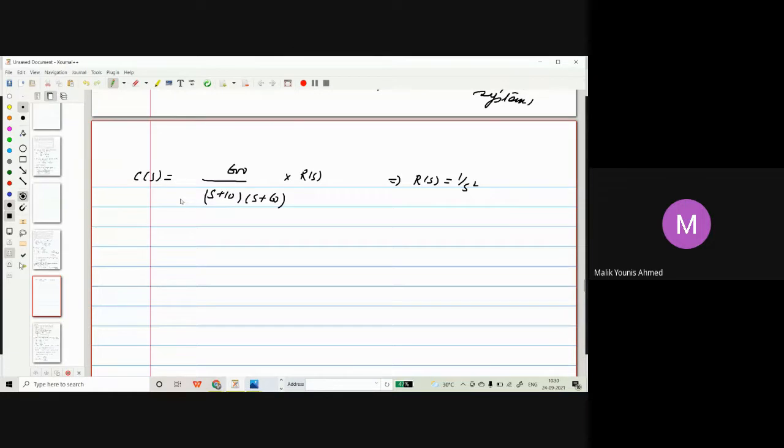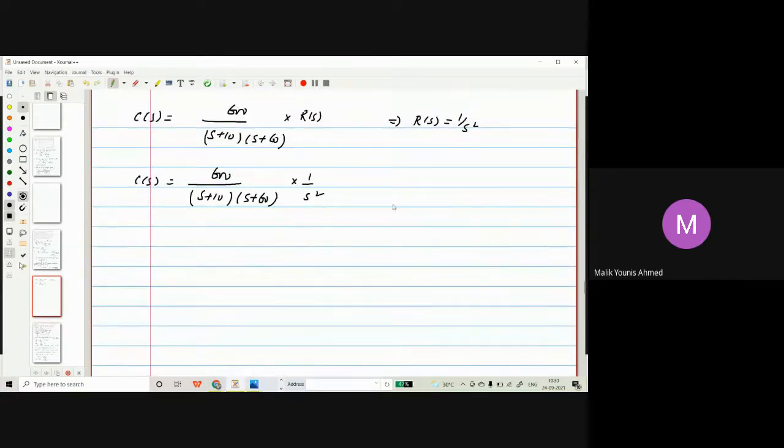So you need to solve that and find 600 divided by S plus 10 into S plus 60 into 1 by S square. So you need to solve that and you need to obtain the response, that is C of t you have to obtain. So I hope this you can do. I will keep this for your homework. C of t you have to obtain.